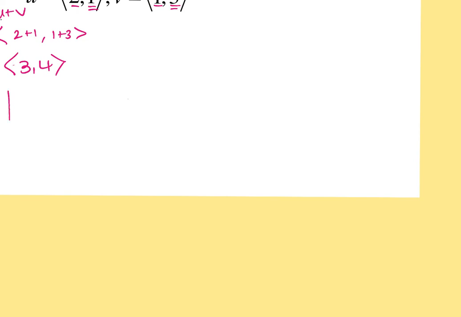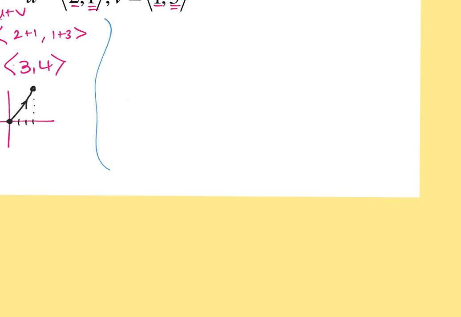If I want to graph this, I'm going to draw a coordinate plane. I'm going to start at 0, 0, go to the right 3, and go up 4. Connect those points and point my arrow towards the terminal point, the 3, 4. Questions on that one?